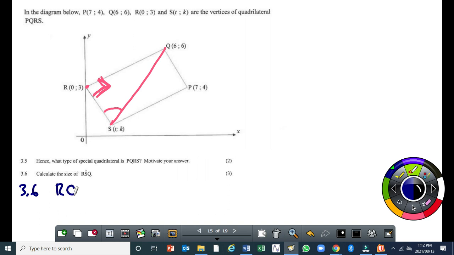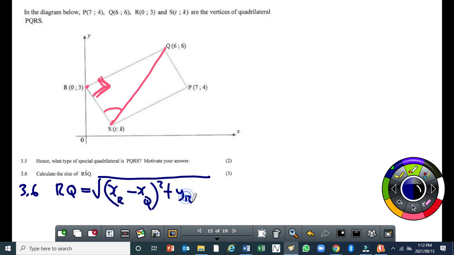So RQ is going to be equal to the square root of XR minus XQ squared plus YR minus YQ squared.